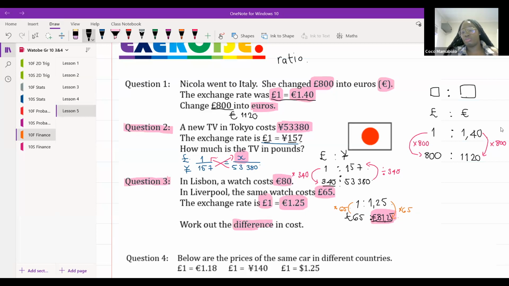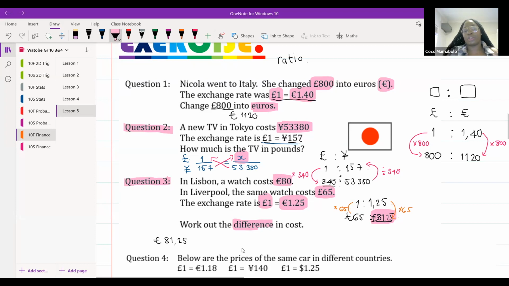This one is in euro. So I'm going to do 81. Are you going to use the pounds, or are we going to use the 65? No, not in this case.